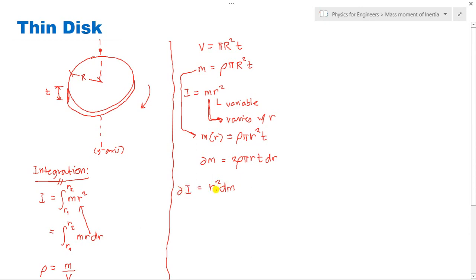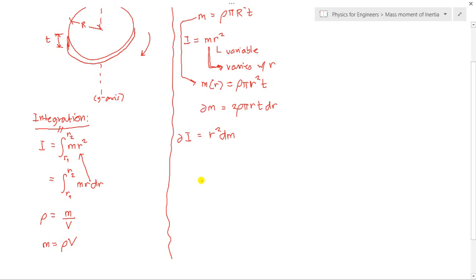Since we took the derivative on one side, of course we also need to take the derivative of the left side so the equation stays equal. Since r squared is a variable, it remains as it is.